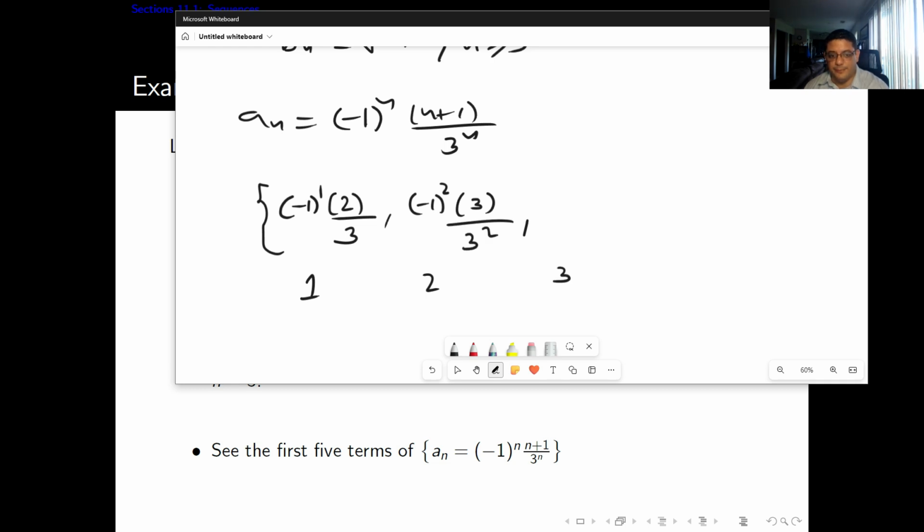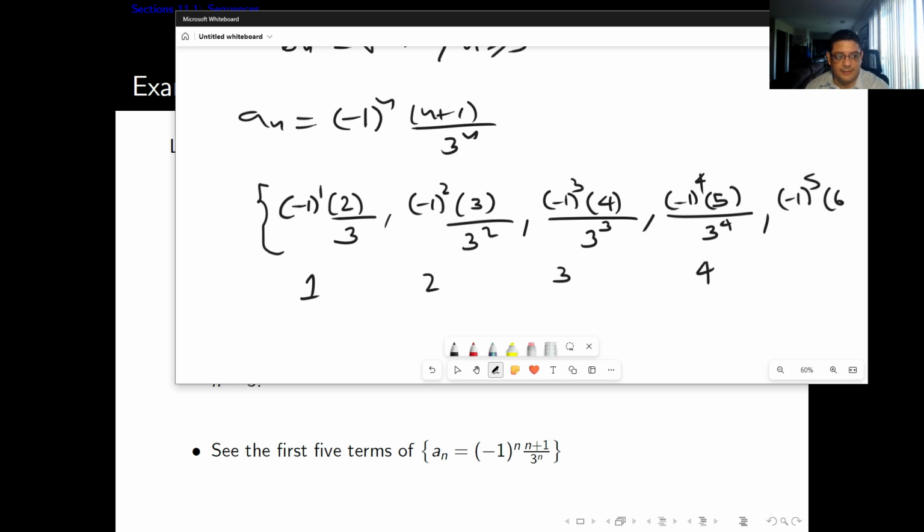For 3, then (-1)^3, and 3 plus 1 is 4 over 3^3. And for 4, (-1)^4, 4 plus 1, then 5 over 3^4. And the last, (-1)^5, 6 over 3^5. And that's the fifth term.